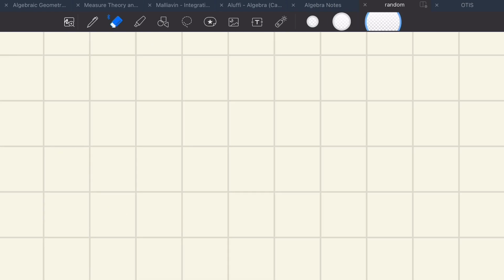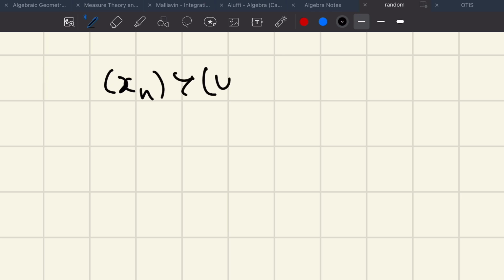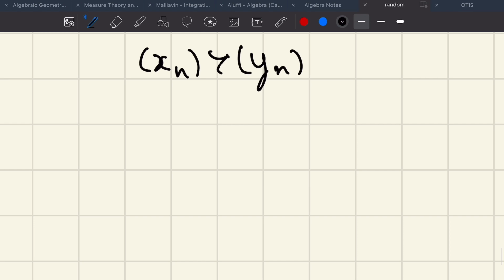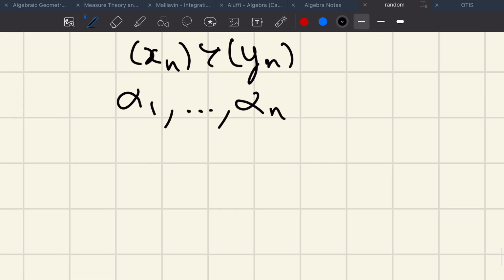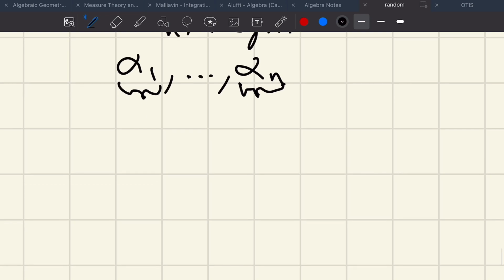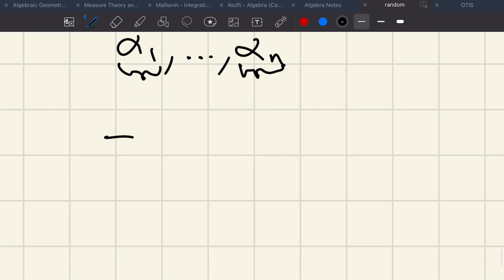So we are given the Muirhead inequality by considering a sequence xn that majorizes a sequence yn, and then different real numbers alpha 1 through alpha n, where these are all non-negative real numbers, such that the inequality holds.